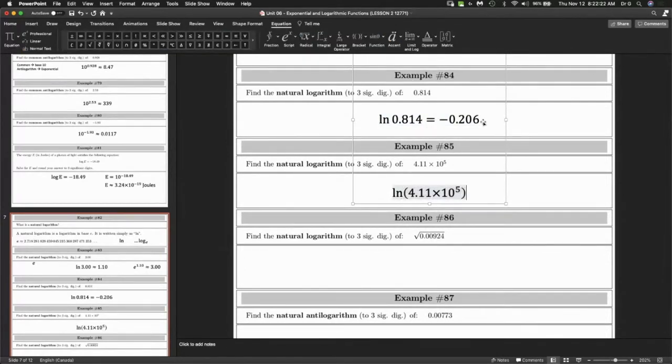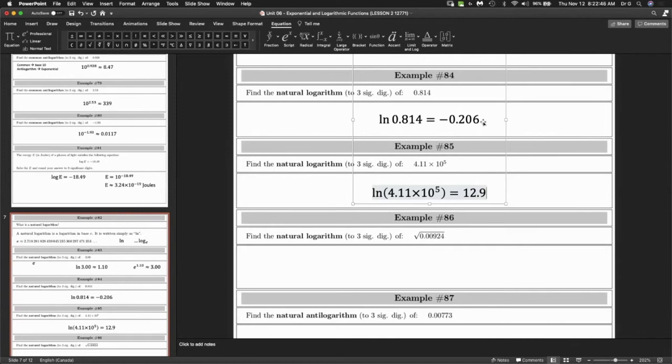So we have ln of that. This is really about familiarizing yourself again with scientific notation on your calculator. Based on your performances on the test, I didn't really see too many issues with scientific notation.